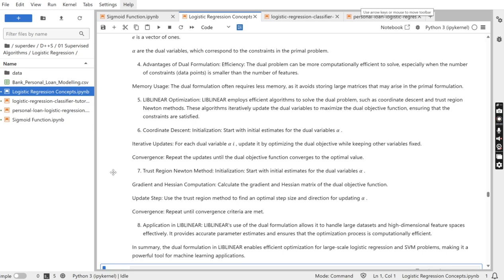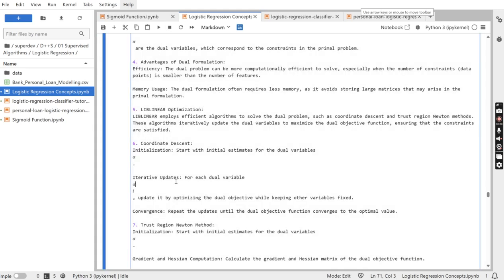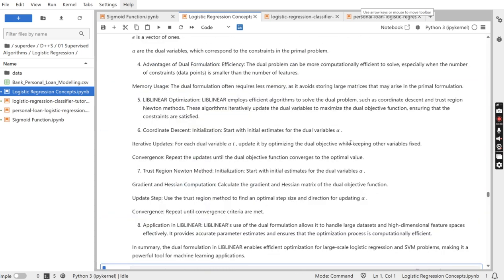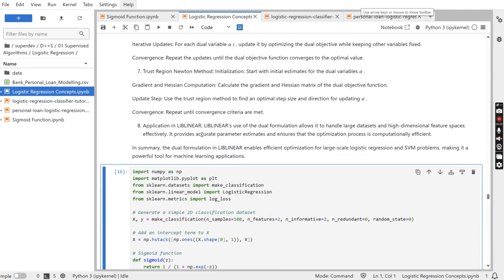The second method is the Newton method, which uses the Hessian matrix. First it will try with coordinate descent. If it is able to solve, well and good. If not, it will switch to the Newton method, and in the Newton method, you already know what happens. All the things that we saw above will repeat. That's why we call it dual problem formulation, because two different methods are being used to solve the problem.